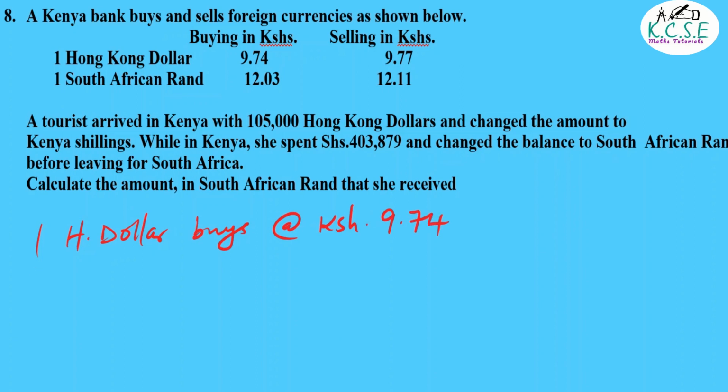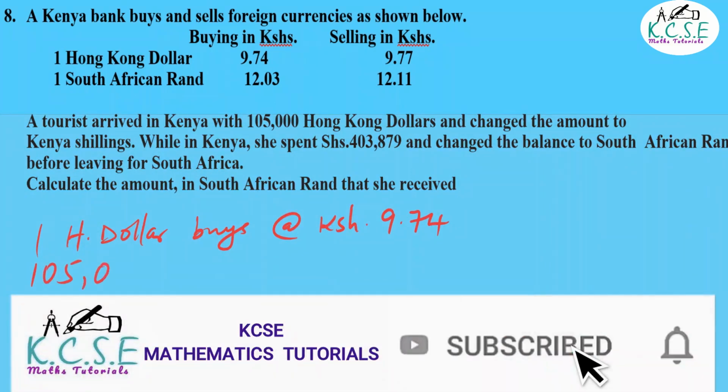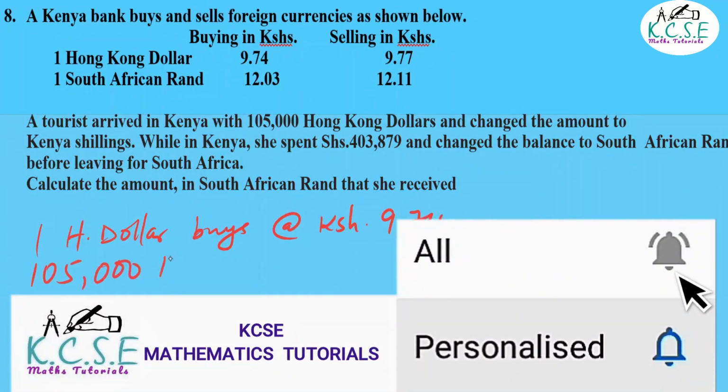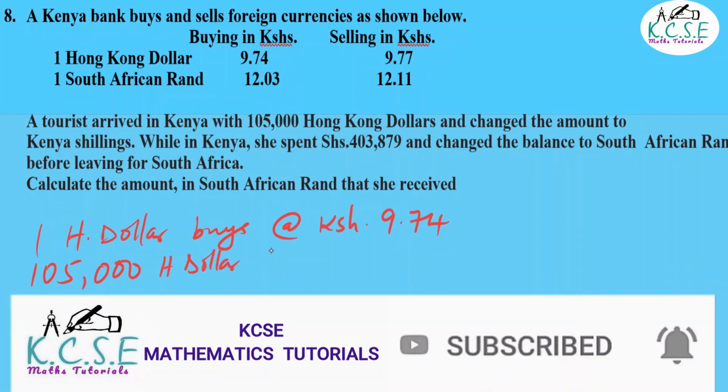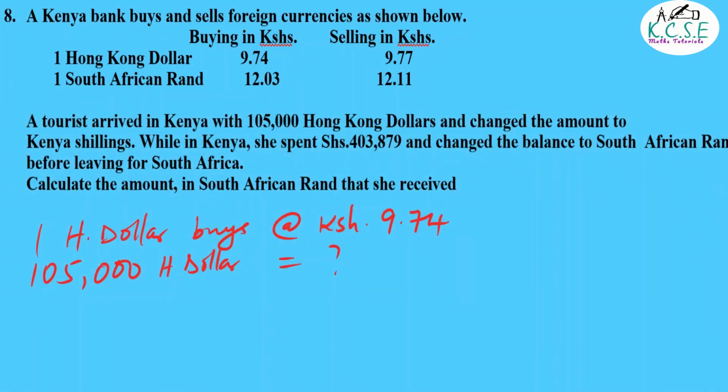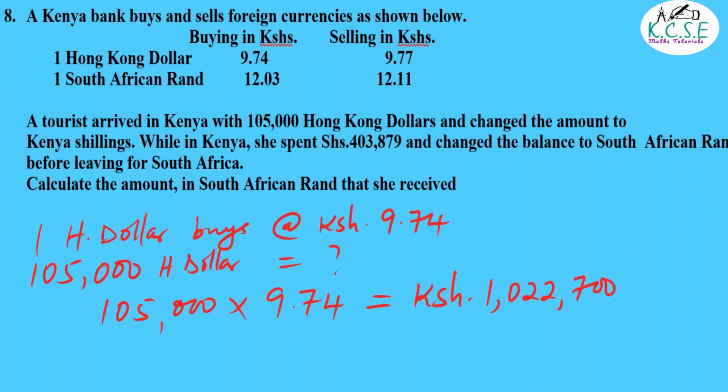So what about 105,000 Hong Kong dollars? To get the amount of Kenyan shillings she will receive, we just need to multiply 105,000 by 9.74. This will give Kenyan shillings. When you multiply these, you get 1,022,700 Kenyan shillings.